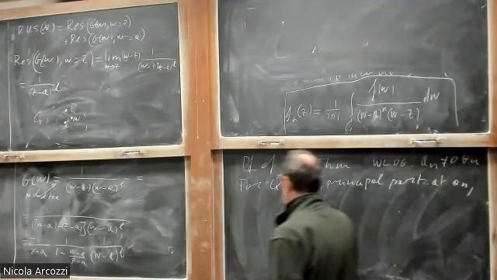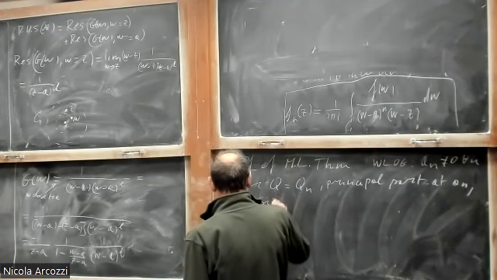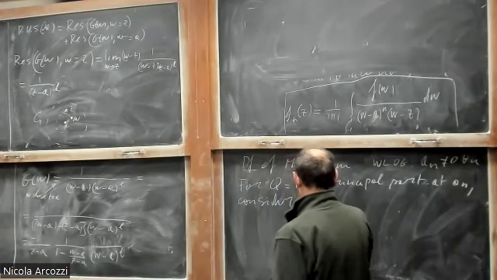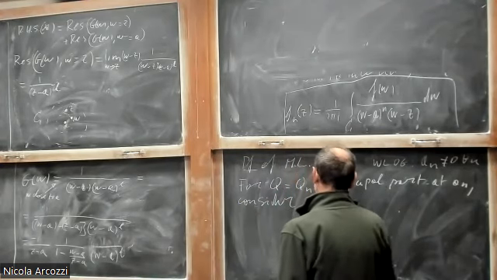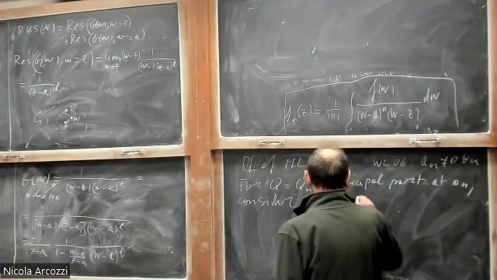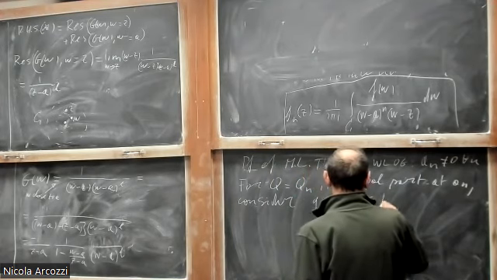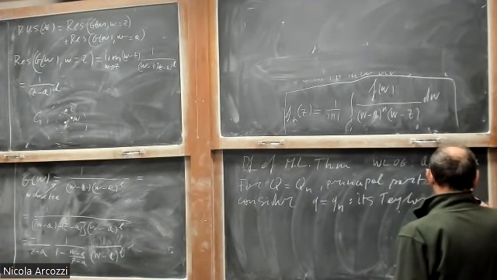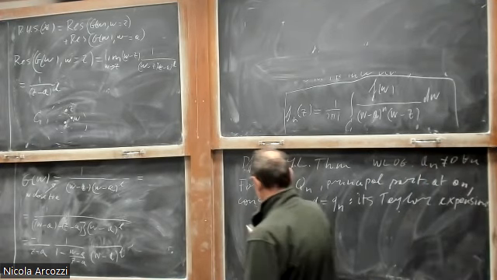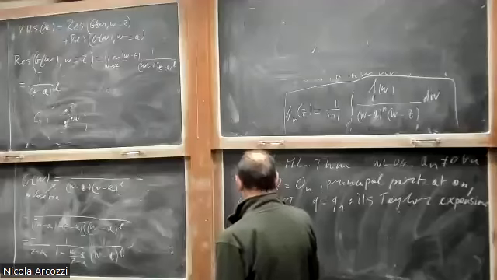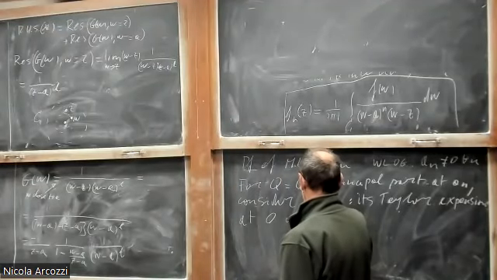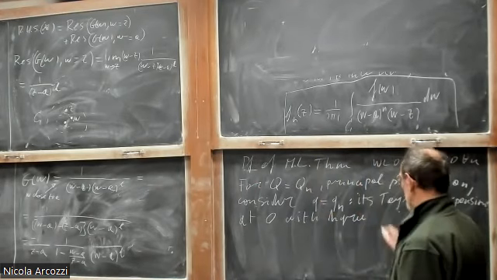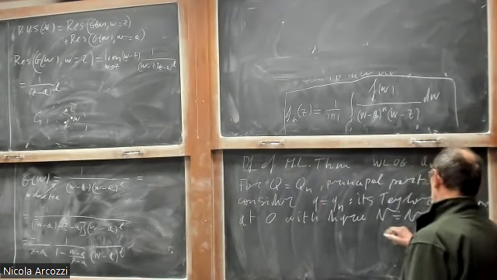And consider its Taylor extension at 0, that is a polynomial at 0 with degree, we will call it n, which depends, of course, on the point n.